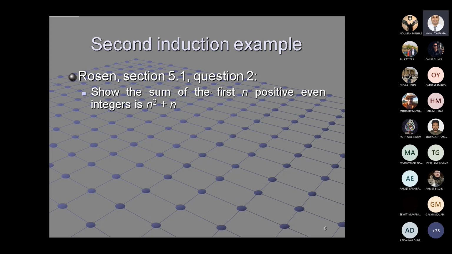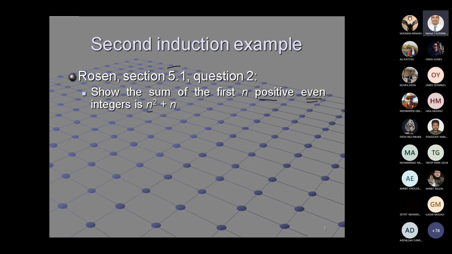this is a question also from the book, section 5.1. Show that the summation of the first n positive even integers is n to the power 2 plus n.